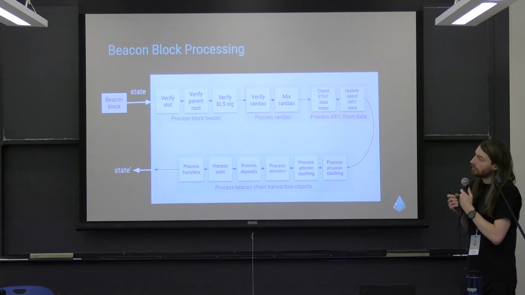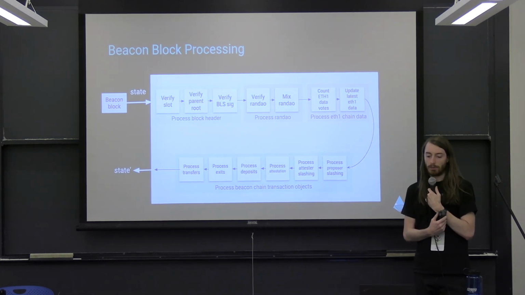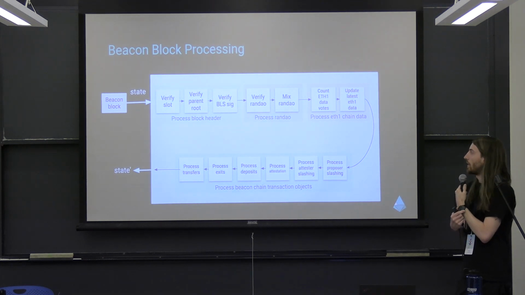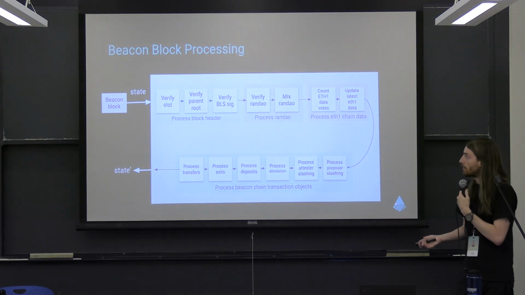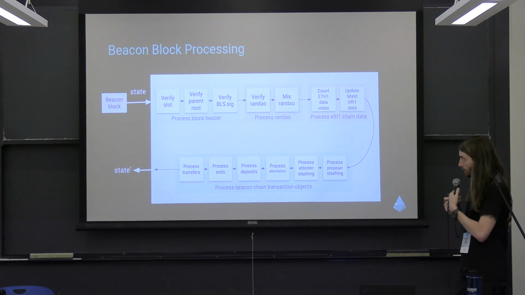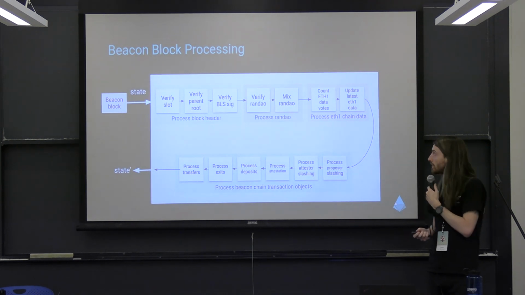Okay, so talking about what happens to the block next. We broadcast it to the network. Everybody in the network is going to run this process. So we verify the slot is within the appropriate time. We verify that the parent root exists, so the block that came before that exists. We verify the signature. We verify the randao reveal is correct. We then mix it in for our randomness.